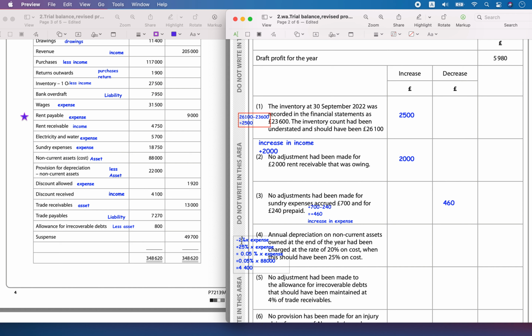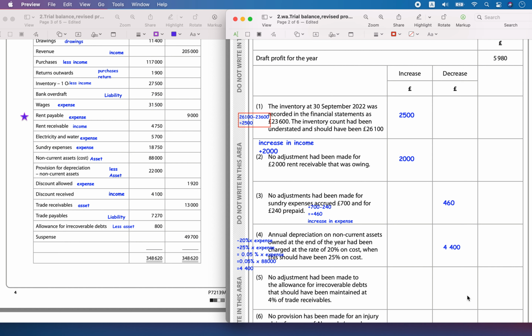You remove the 20% you had charged and include 25% of that expense. So there will be a 0.05 increase in that expense, which equals 4,400. This is going to lead to a decrease in profit, because there has been an increase in expense.